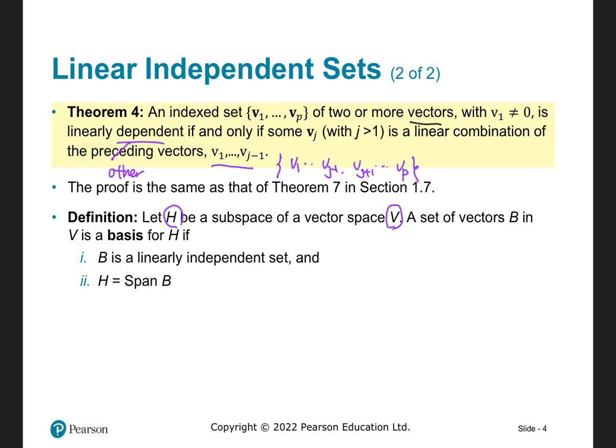Then we say some set of vectors B is a basis for H if B is, first of all, linearly independent, and H equals span of B. I said H equals span of B. So equality between H and span of B means H is contained in span of B, and also span of B is contained in H, right?